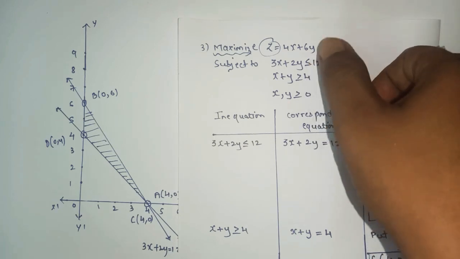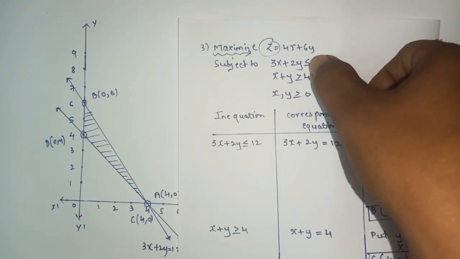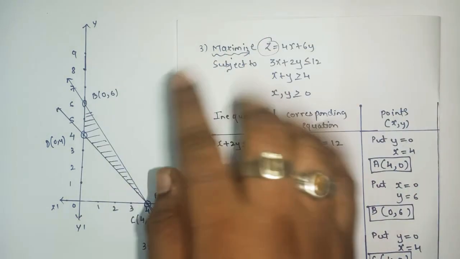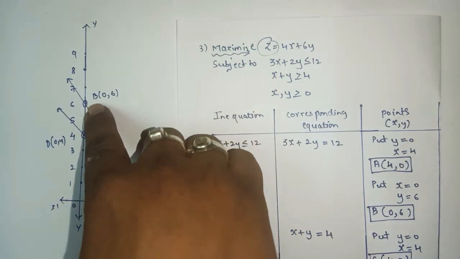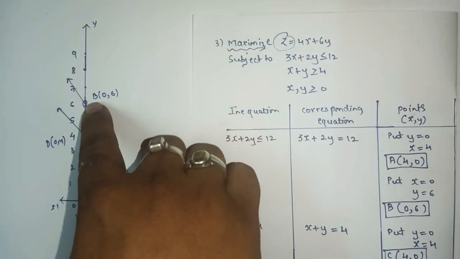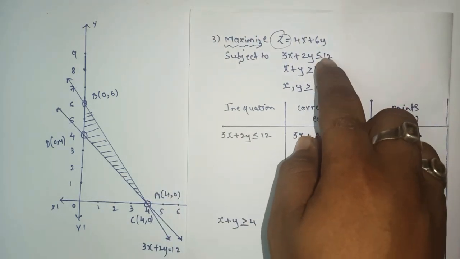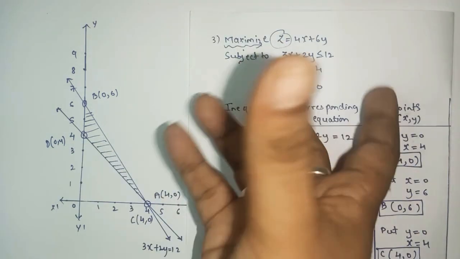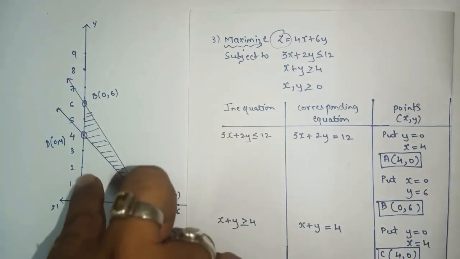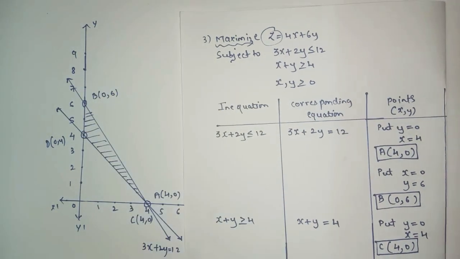When two linear inequations contain greater than equal to, greater than equal to, clearly according to the concept the feasible region will come outside. As one is less than and one is greater than, it will lie between these two sections.